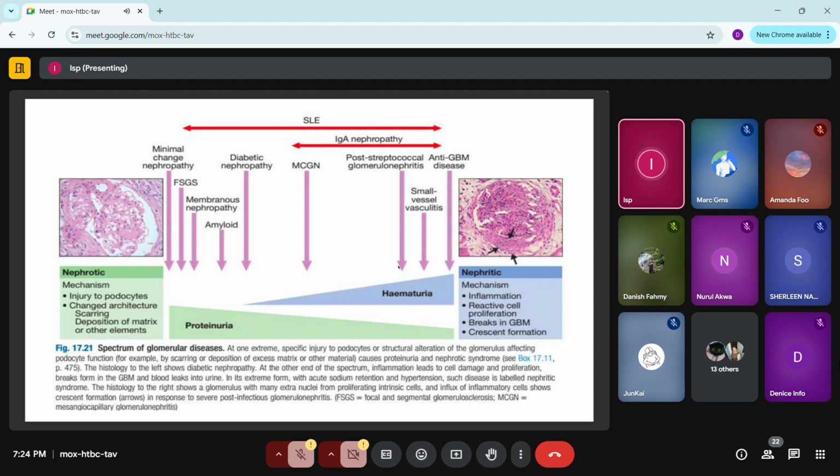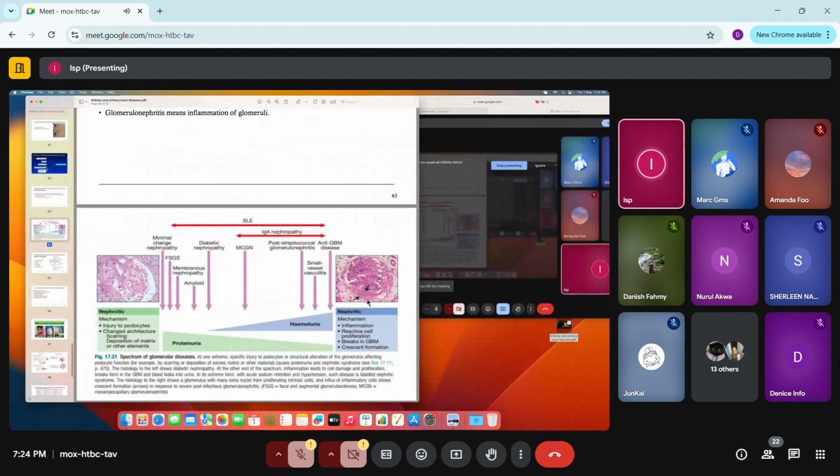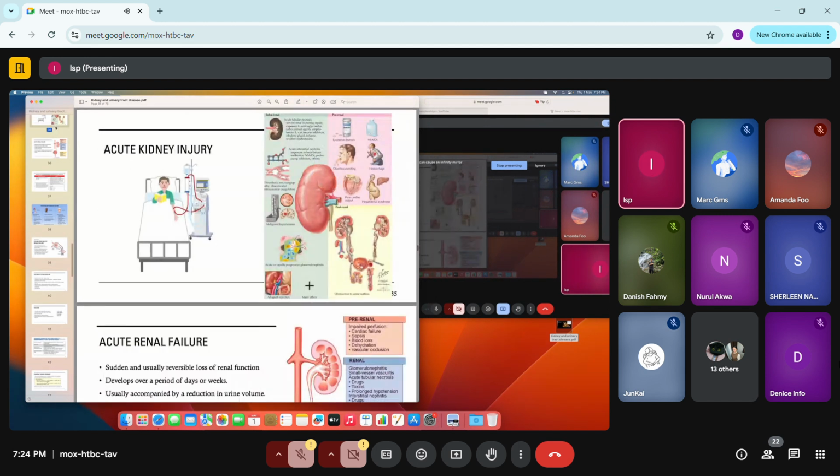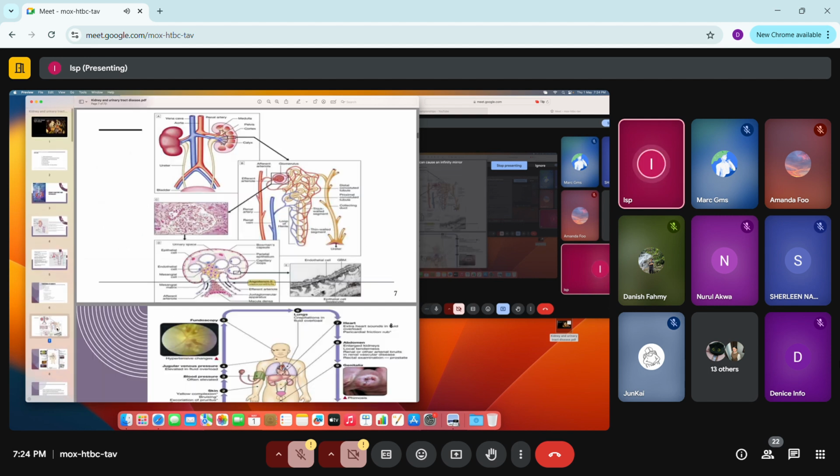So when you have glomerular disease, when your glomerulus gets damaged, what is your glomerulus actually? Let me go back to the picture. So where is your glomerular membrane?